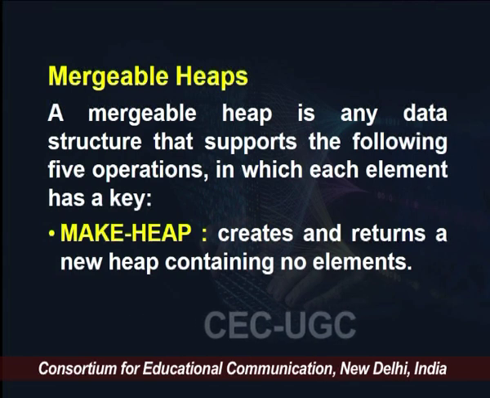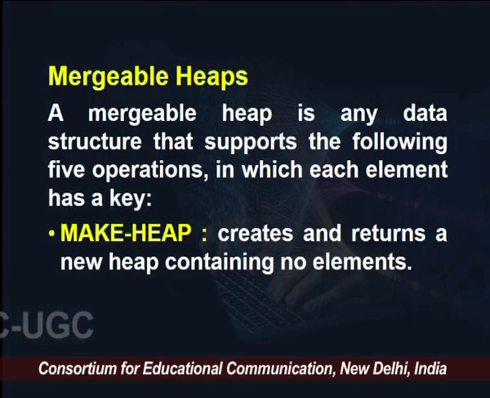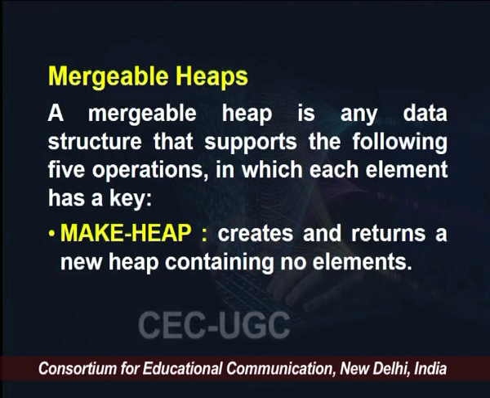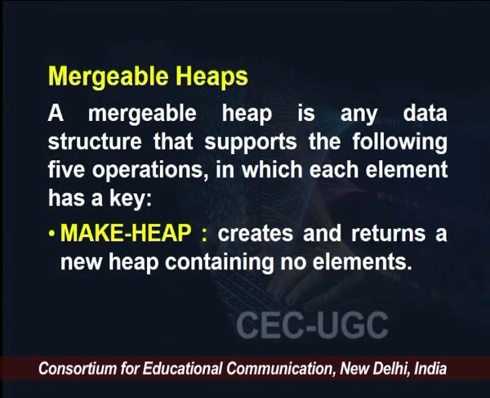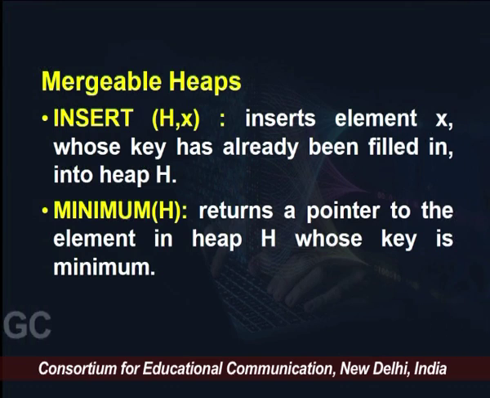A mergeable heap is a data structure that supports basically 5 operations. And what are those 5 operations? Those 5 operations are make heap, then insertion of a key, then finding out the minimum, or just traversing the minimum, or printing the minimum.